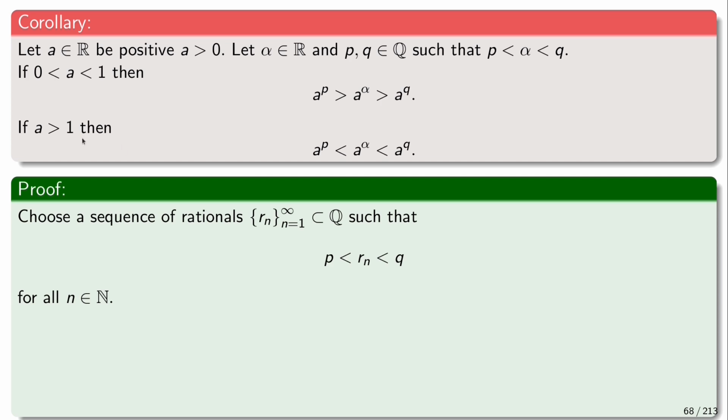So this property that when a is greater than 1, the bigger the exponent, the bigger the result, is valid now for all real exponents. And the same for all real exponents: when a is between 0 and 1, then the bigger the exponent, the smaller the result is. So now we're going to prove it.